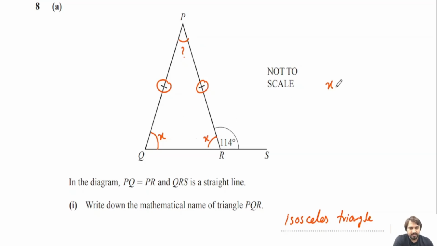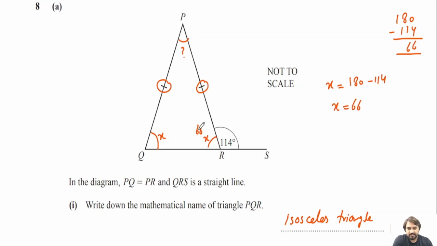X will be found using angles on a straight line add up to 180 degrees. X is equal to 180 minus 114. The answer is 66. So the value of X is 66.